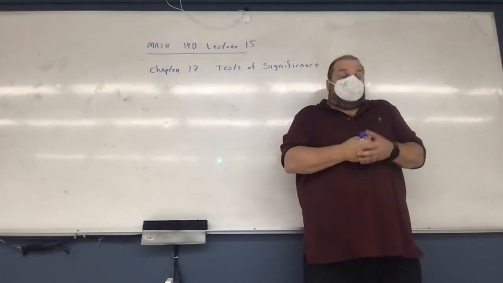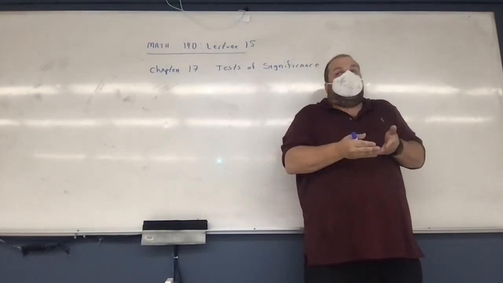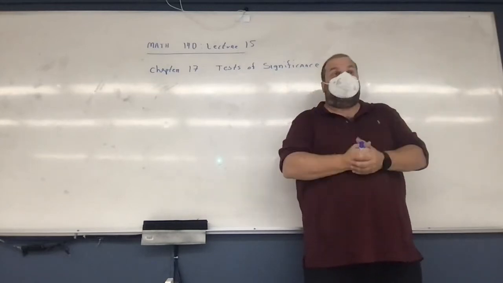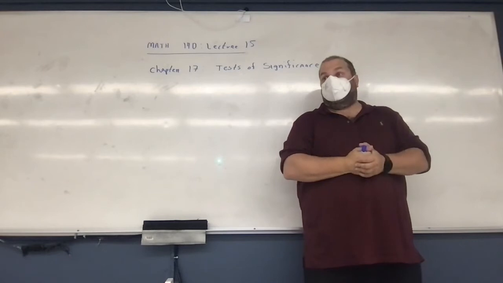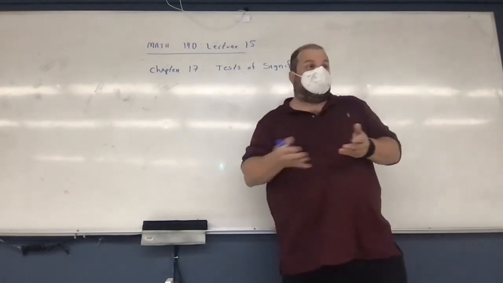Up until I test it, do I have any reason to believe it's not fair? So up until that point, is there a value for the proportion of heads that I would believe to be valid? Yes. 0.5, right? And I'm going to test to see whether or not the data supports that.